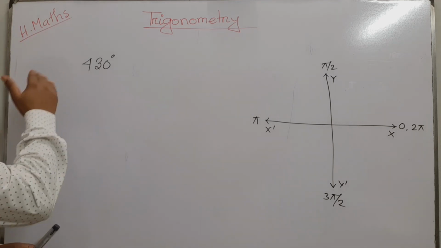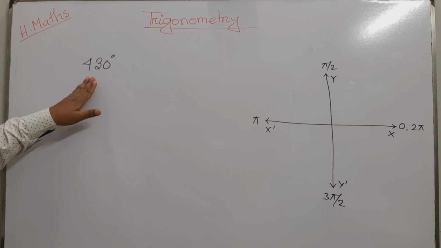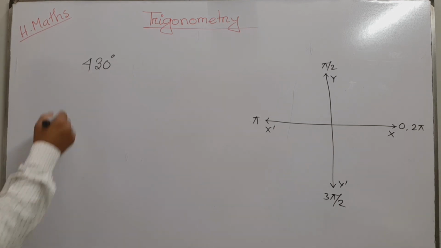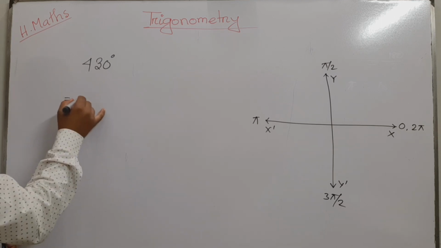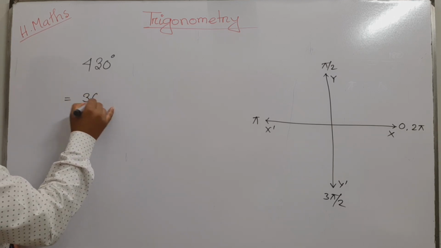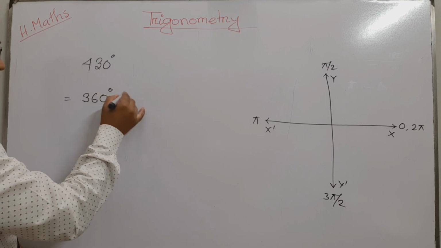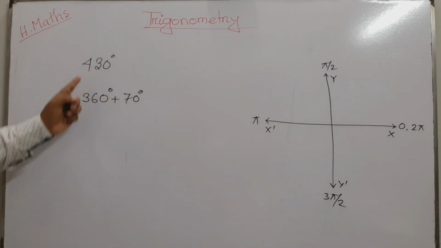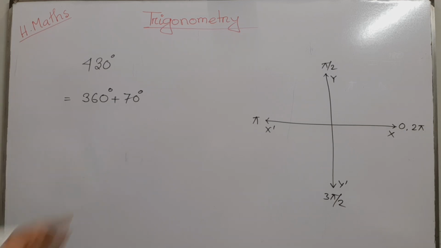That means in which quadrant is the angle 430 degrees. Look, this is a positive angle, and 430 degrees we can write as 360 plus 70 degrees.